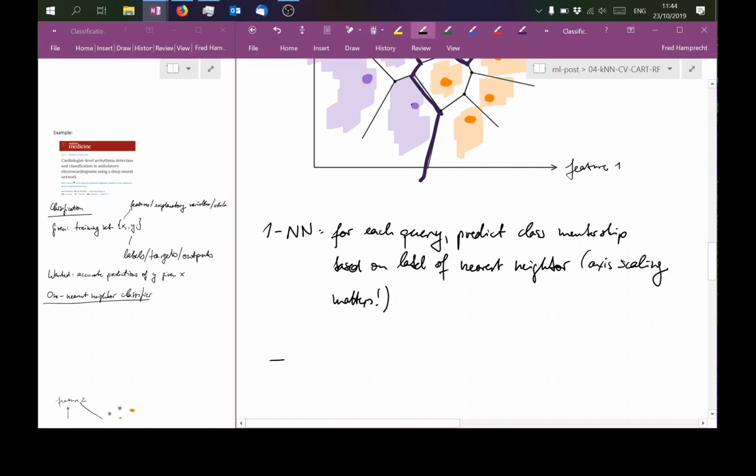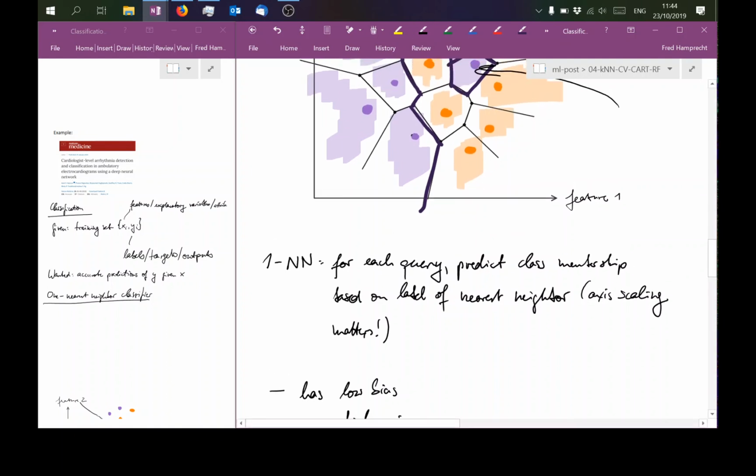Now, one can show both empirically and theoretically that this classifier has low bias and high variance. What does that mean? As you pointed out, this is a very small training set, and if I get a new training set from the same underlying distribution, I will get a new classifier.